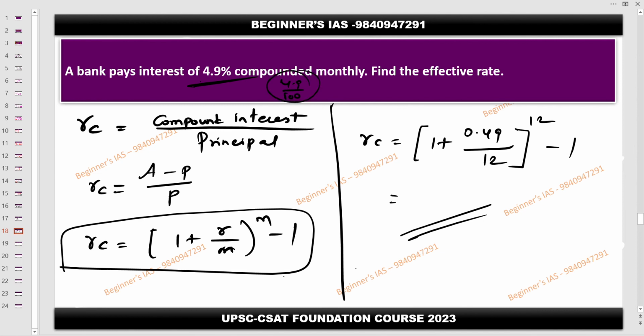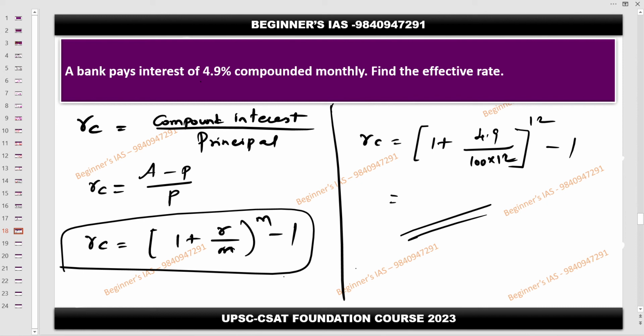For other sums, if R is equal to this, we will substitute as it is. But here I have calculated it already, or else you have to put 100 in the denominator. 4.9 over 100 into 12. Yes, sir. This also you can do, not an issue.